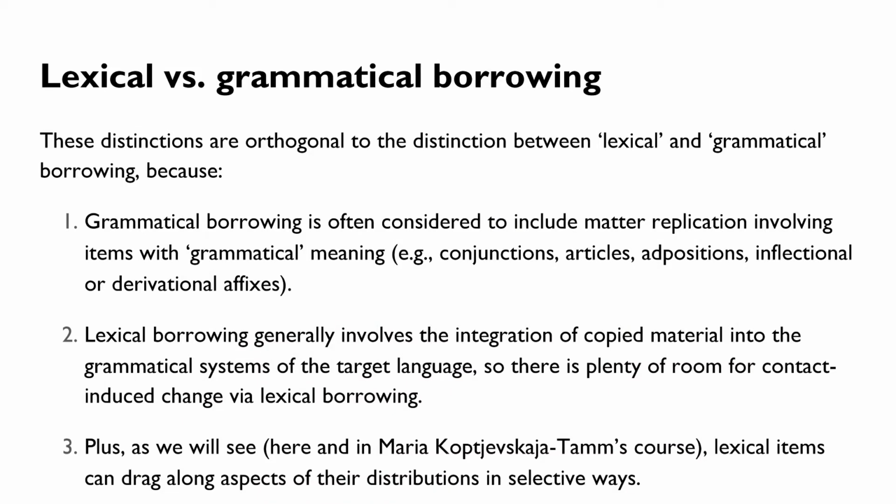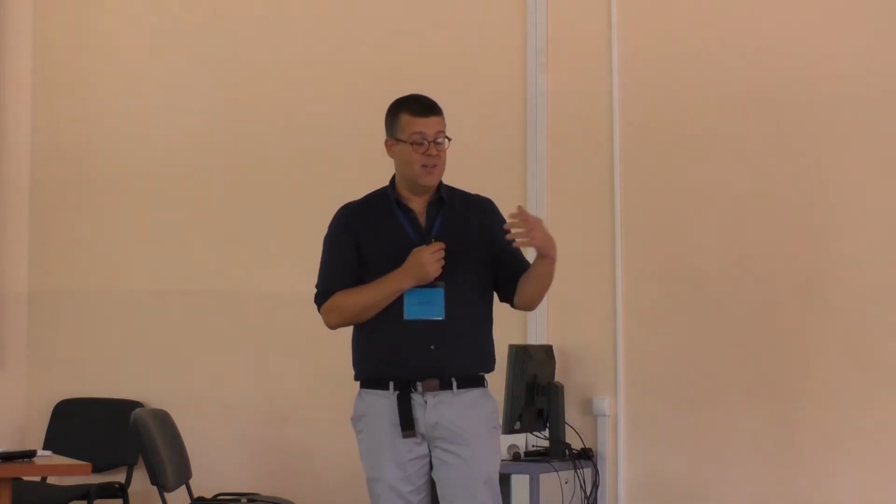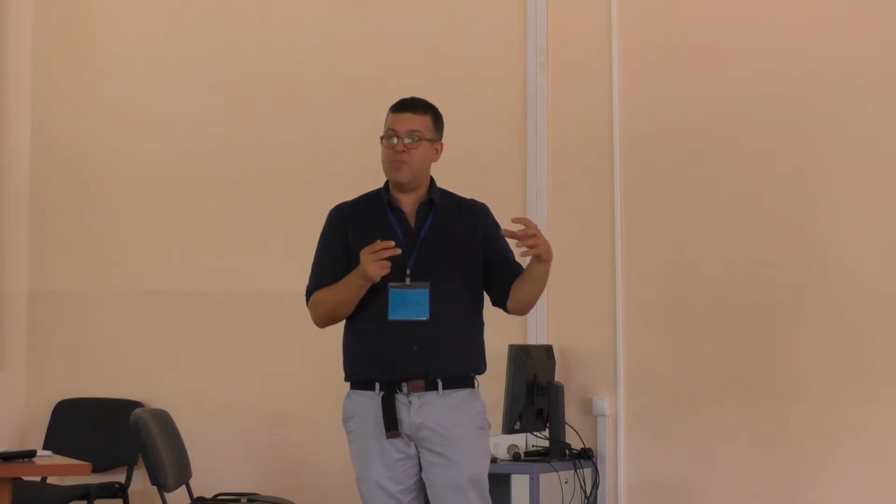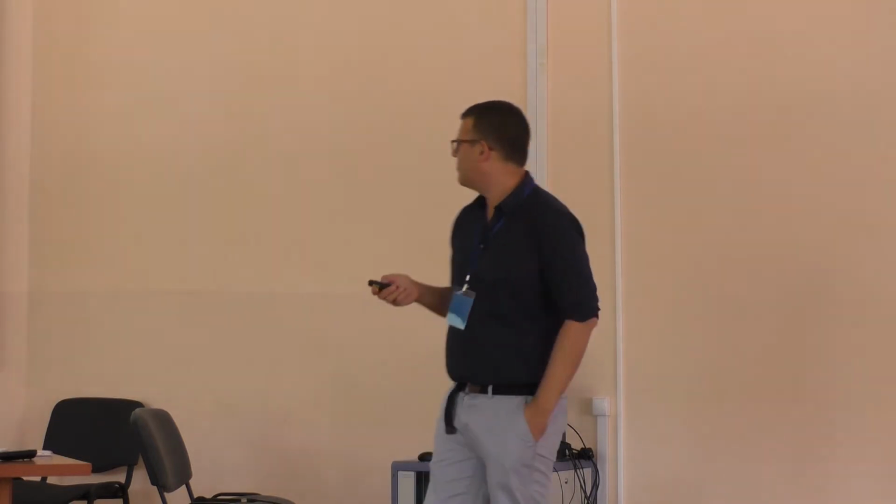Plus, and I imagine that Masha will talk about this more, lexical items can drag along different chunks of their meaning, right? It doesn't always have to be that if you have one word in a language and it's borrowed, you copy the entire polysemy network, right? Sometimes you get only chunks, and then an open question is whether, for example, in the context of semantic maps, you always have to borrow contiguous chunks or not, but we leave this for later.